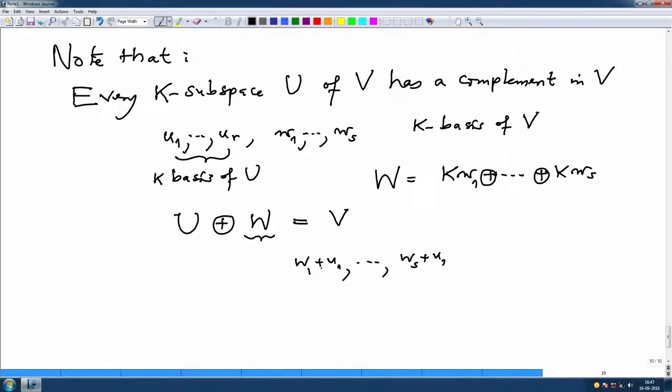This will also be a basis of V. If this is a basis, this is also a basis. The number is correct and generality is also correct, so that is a basis. So, there are many ways to get a complement of a subspace in a bigger space V.